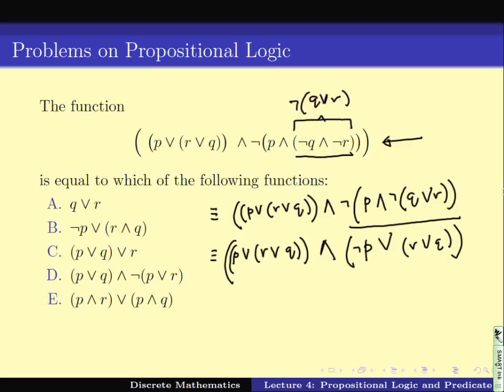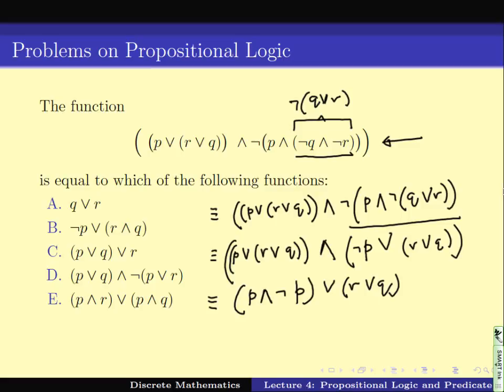Now I can apply the distributive law, which means that I can take R or Q away, and I get (P and not P) or (R or Q). Now what is P and not P? Note that when P is true, not P is false, and in that case, true and false is false.